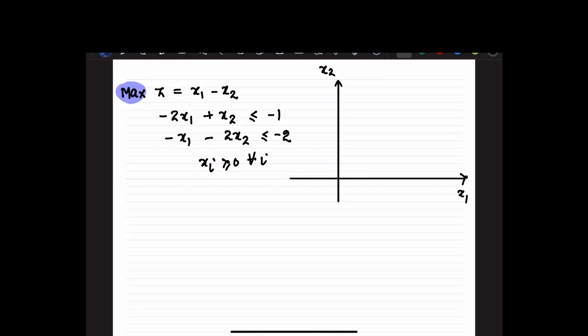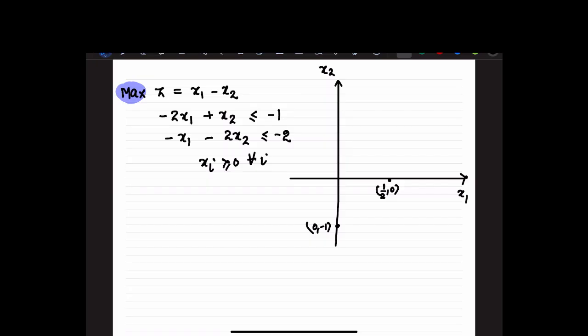This is x2. What is the first constraint? For the first constraint, x1 is equal to half. So x1 is say this, half comma 0. For x2, the value is -1. So x2 का value -1 है. Let's say this is the value.